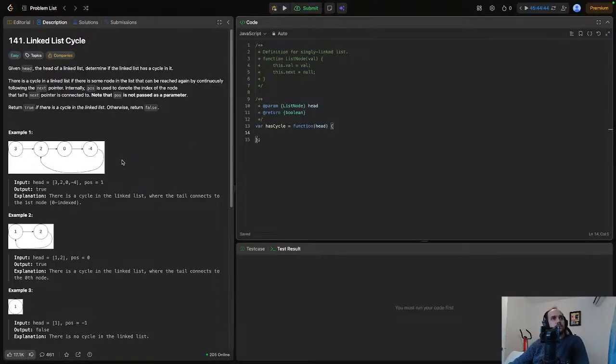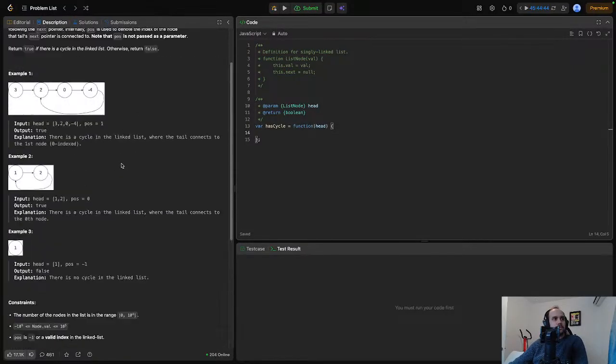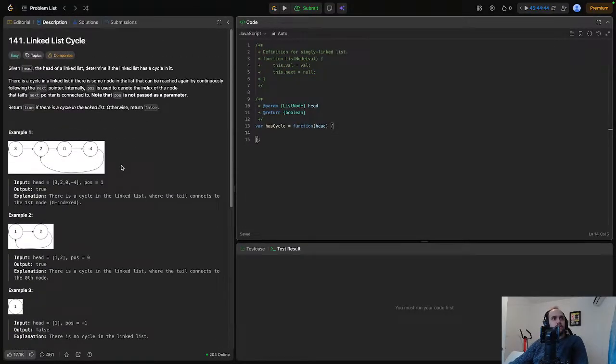So I vaguely remember solving a problem like this before. And I had this idea of you have two pointers, one of them goes one at a time, the other goes two at a time, and if there's a cycle, they eventually meet up.